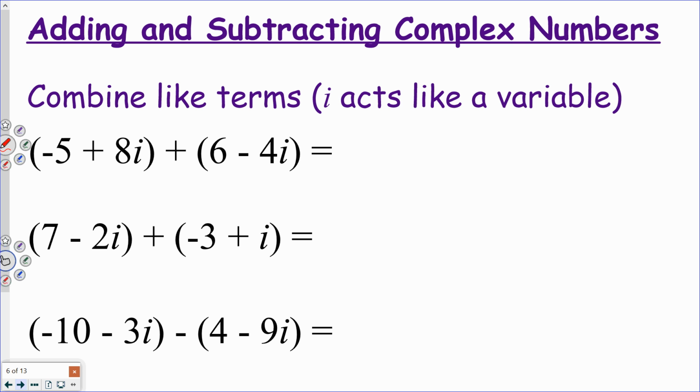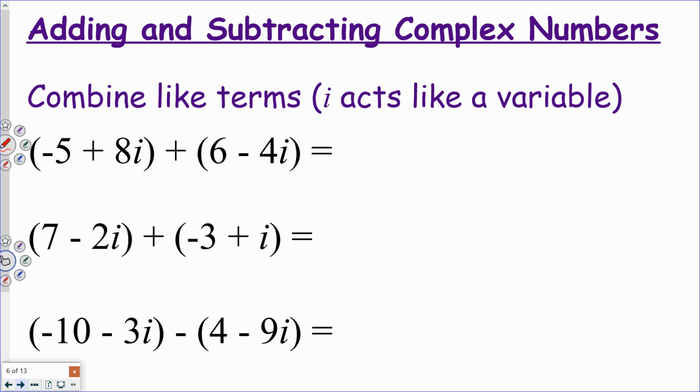Now, when I'm looking at this very first problem, it's negative 5 plus 8i plus another parenthesis. Are the parentheses necessary? No. Every year people see this and they're like, oh, I distribute because there's parentheses. But no, the symbol in between says add.